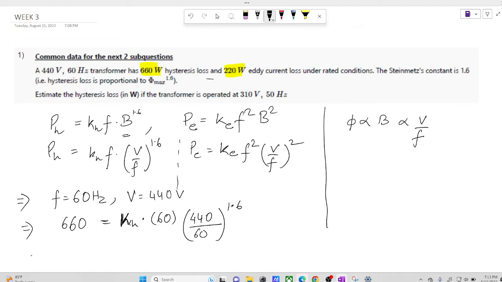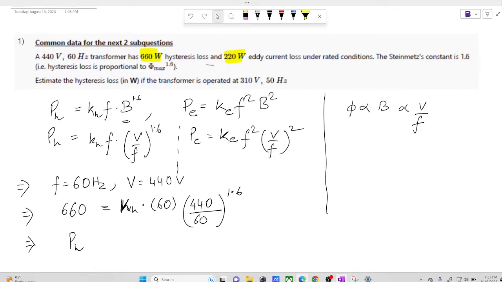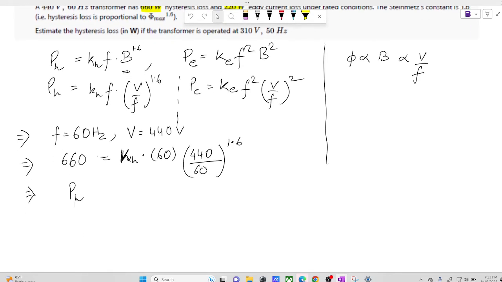One way is this. The other way is, let P_H at the new condition be equal to K_H into operating frequency 50 hertz, voltage 310, upon 50 to the power of 1.6.